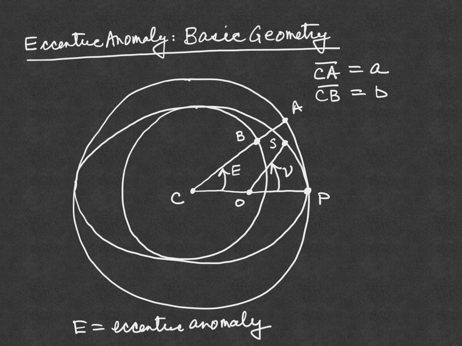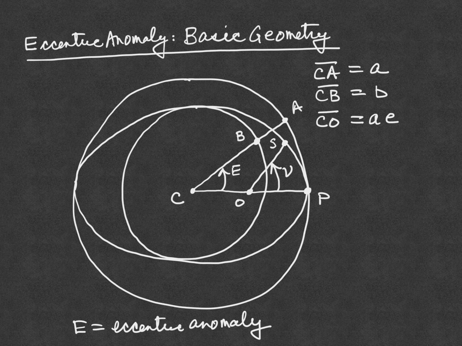So that's the basic geometry that we have here. But to finish the picture, because we're going to need all this later, we know that CO, the distance from the center of the ellipse to the focus, has to equal a times e, because that's the definition of the distance from the center of the ellipse to the focus.